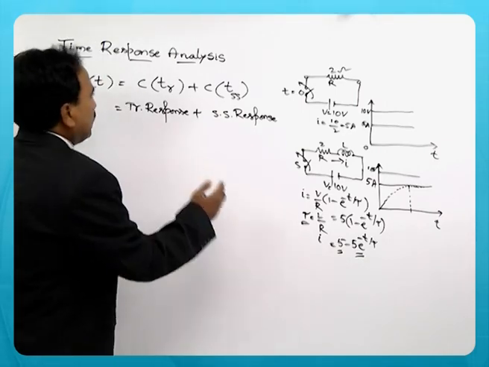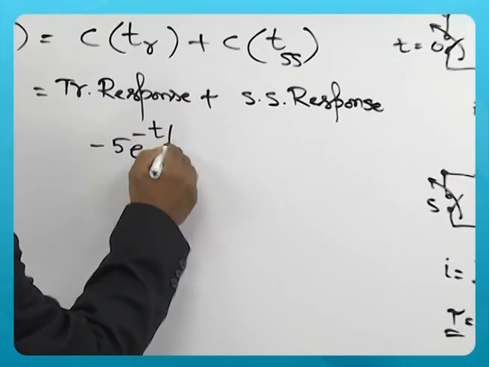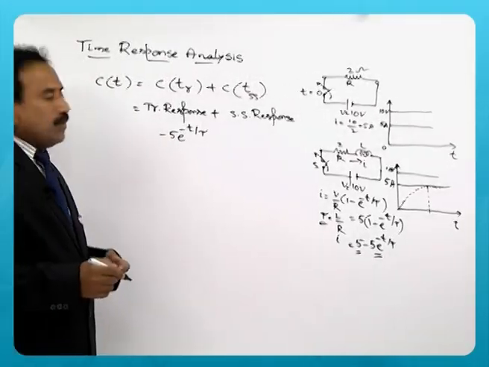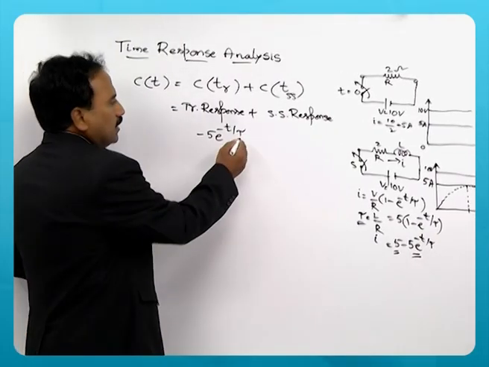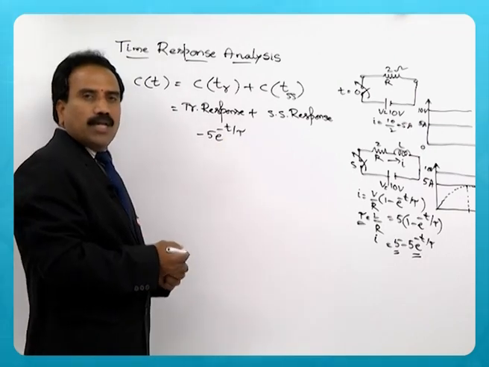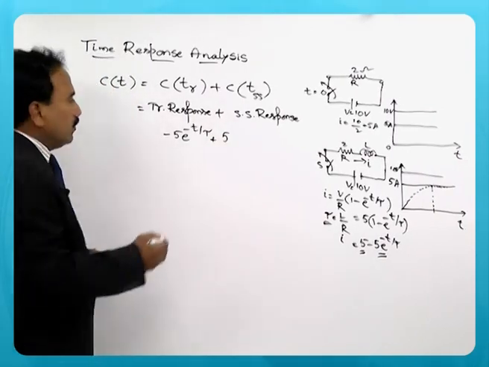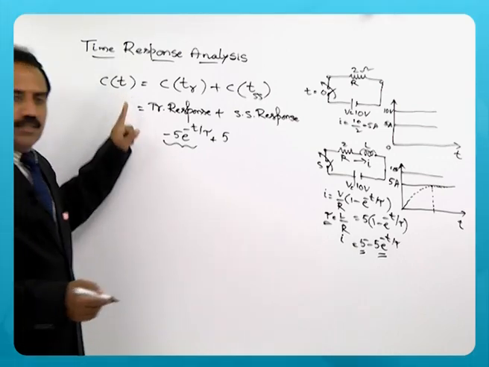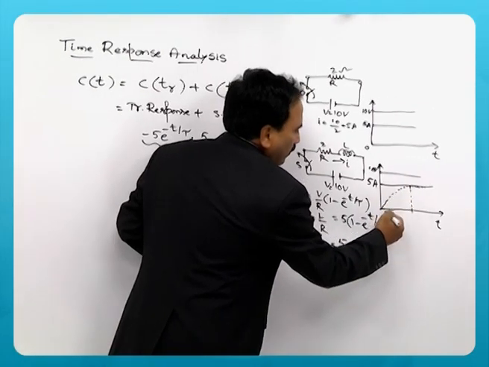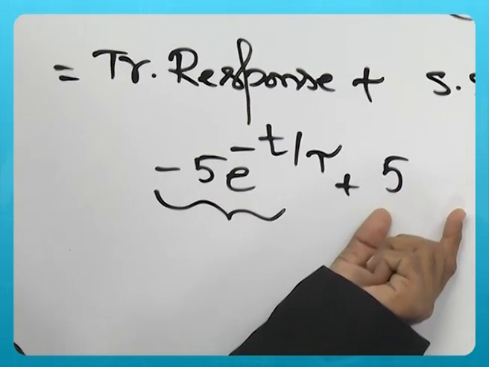So, this transient response is minus 5 e power minus t by tau. How fast it goes and reaches the steady state value is decided by the time constant of the circuit, L by R, plus 5. So, I define this in the total time response: I of t or C of t is the transient response plus the steady state response.